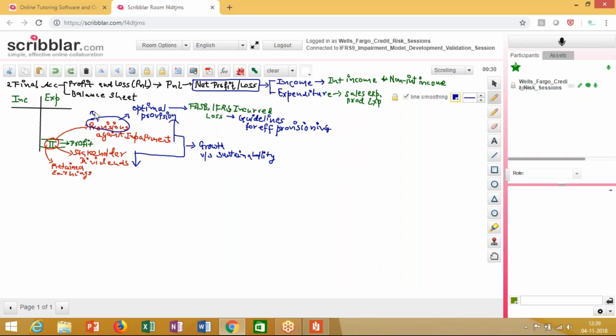Provisions, or allowances for loans and lease losses, as we often call it, is a component of tier 2 capital of a bank.